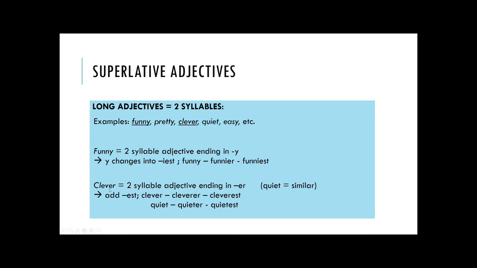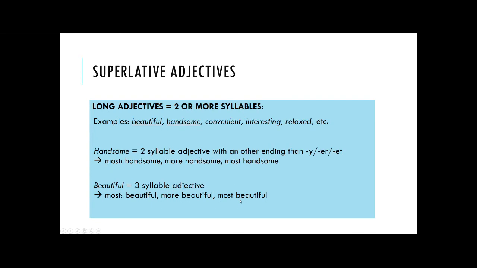The same like this. Clever, two syllables, adjective ending in -er. Add -est: clever, cleverer, cleverest. Quiet, quieter, quietest. Okay?